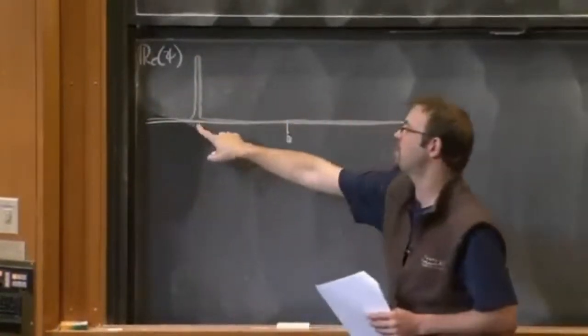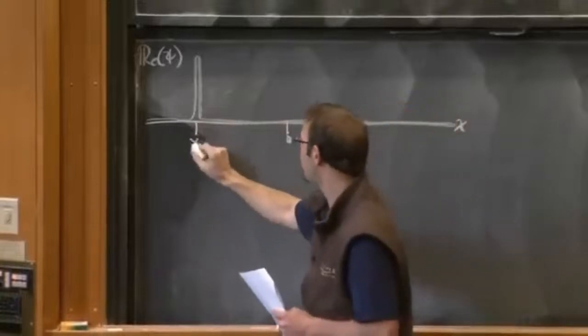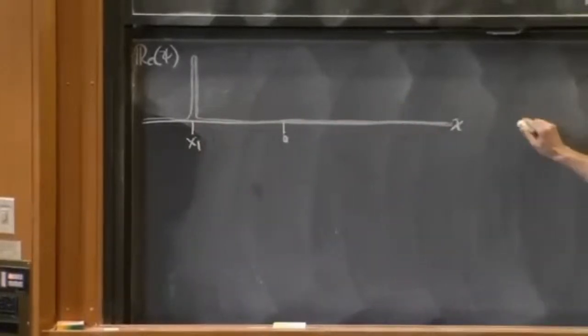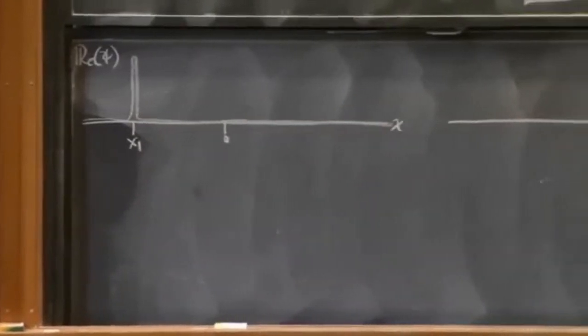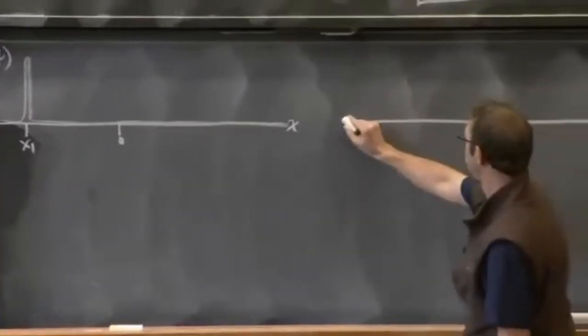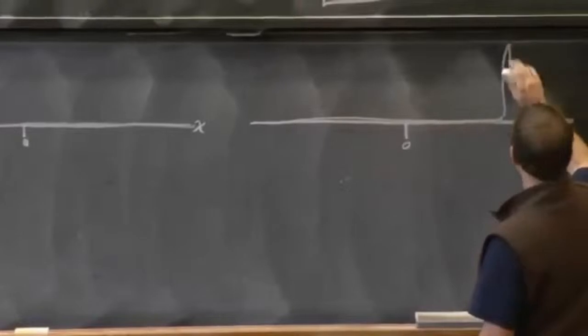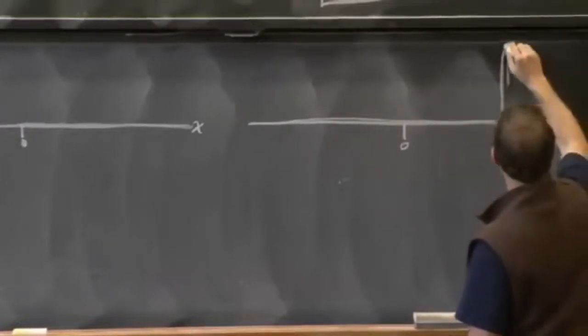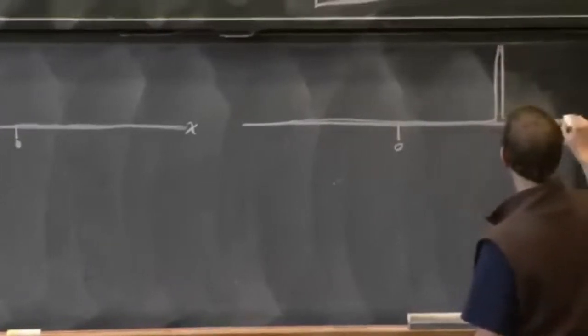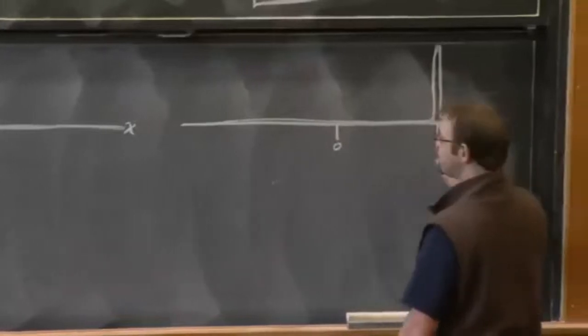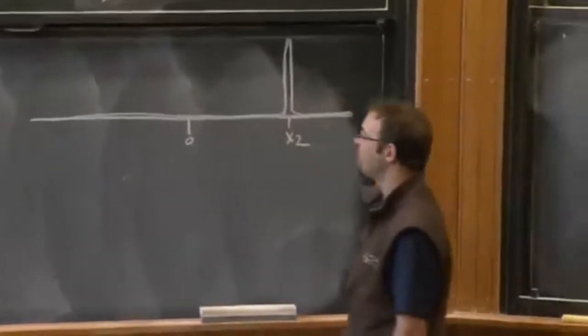It's basically 0 everywhere, except it has some particular spot at what I'll call x1. Here's another wave function. It's basically 0, except for some special spot at x2.